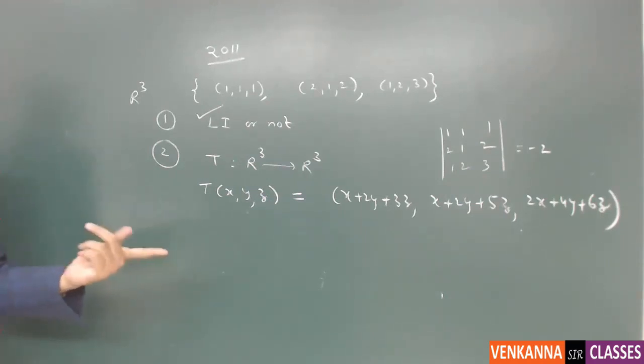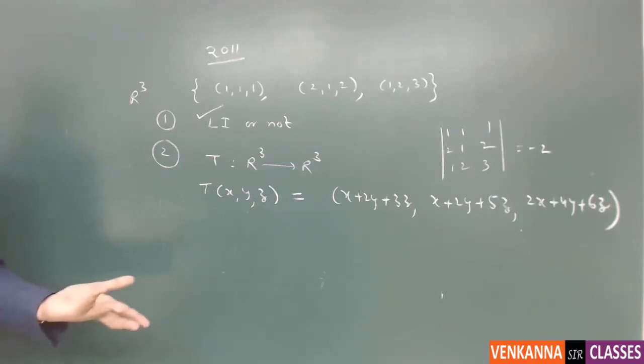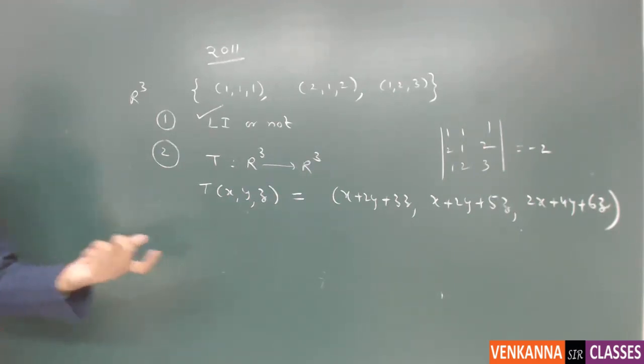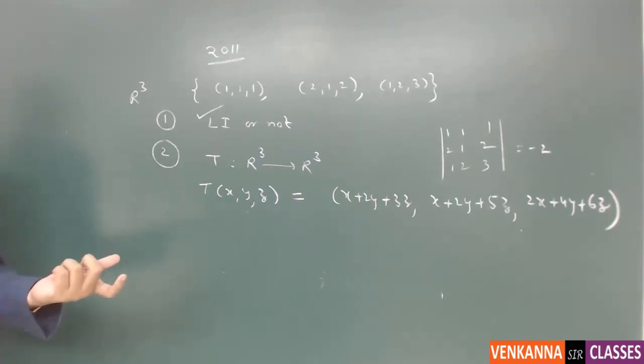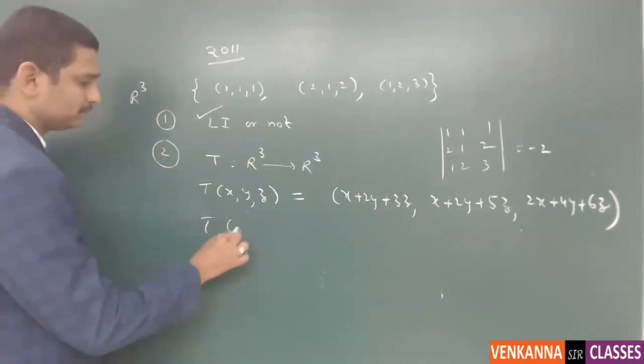If the determinant is not equal to 0, then it is LI, otherwise LD. If you reduce it into echelon form and get a 0 row, it is LD, otherwise LI. Okay? That's it. So let us go for the images first.